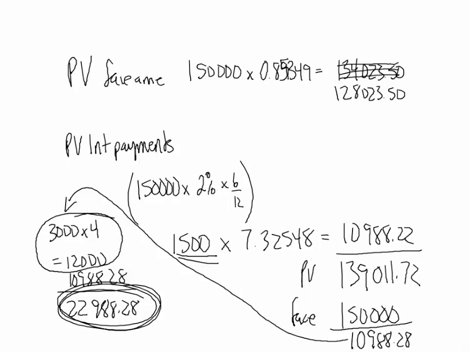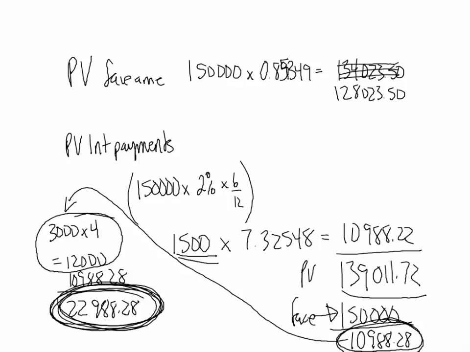But we're also going to have to pay the $10,988.28 shortfall because investors only gave us $139,000, but we're going to pay them $150,000. So over the life of the bond, in essence, we are paying them $22,988.28 because we accepted less for the bond at the beginning of its life. And we have to make up the shortfall.